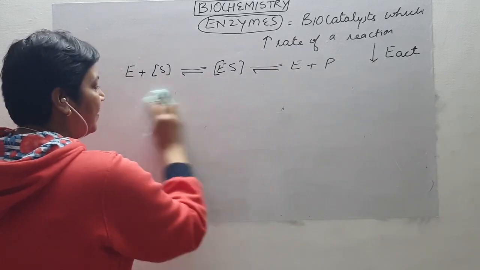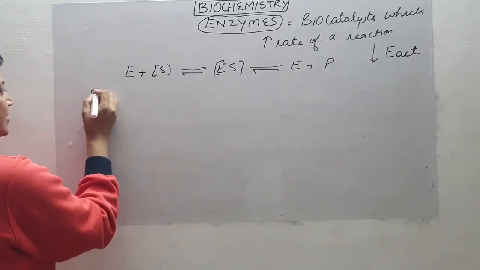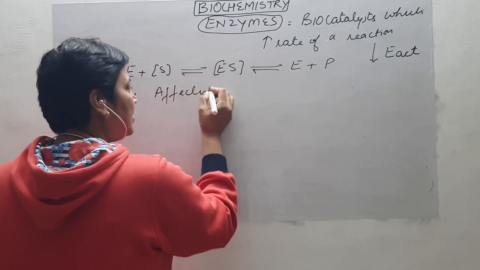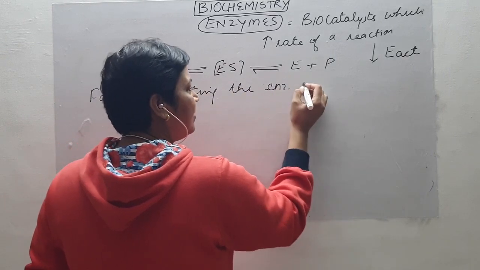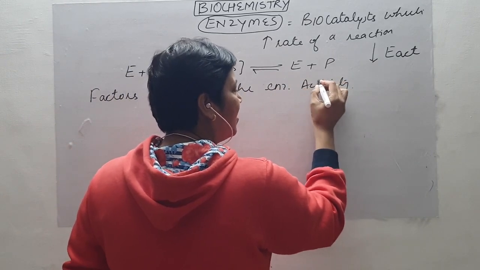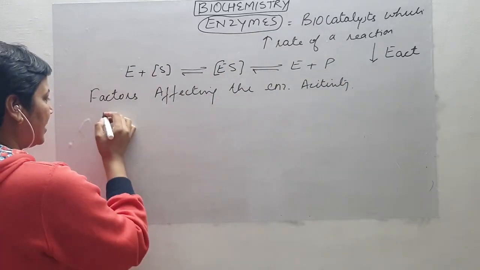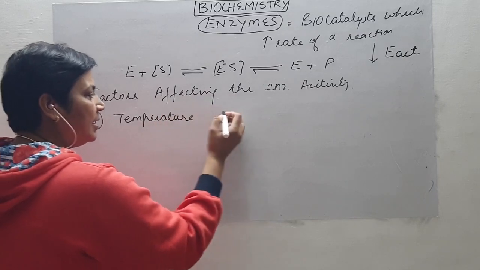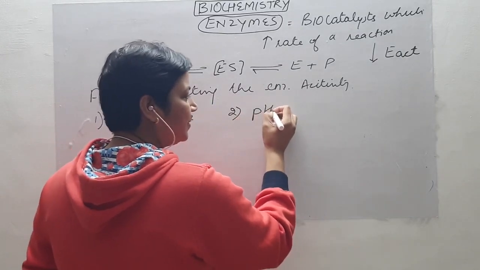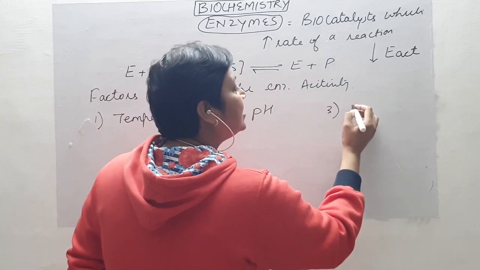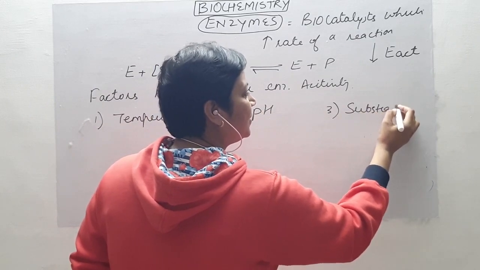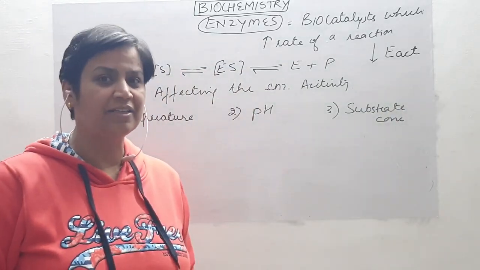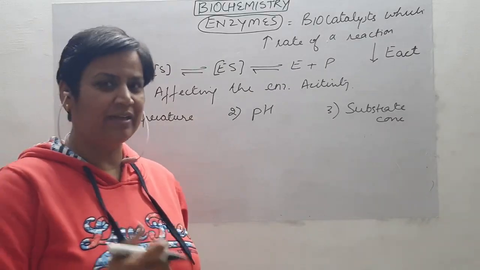So the factors affecting the enzyme activity, the most important factors are temperature, pH, and substrate concentration. These are the three very, very important factors which are influencing the activity of the enzyme.